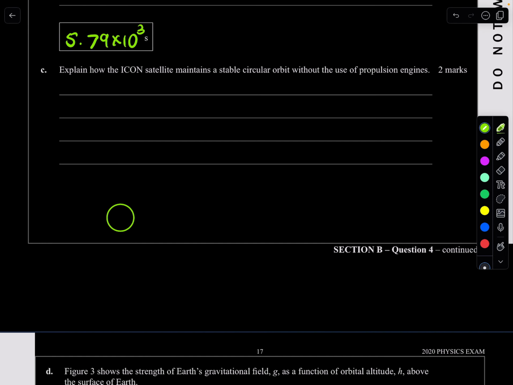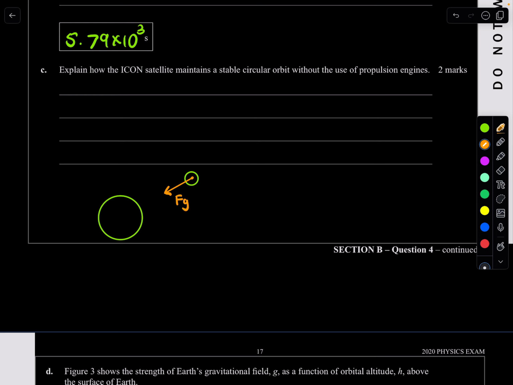So let's just draw Earth here, and this is your satellite. Why does the ICON satellite maintain a circular orbit without the use of a propulsion engine? This is why. There's only one force acting on this satellite, and that is the force of gravity.